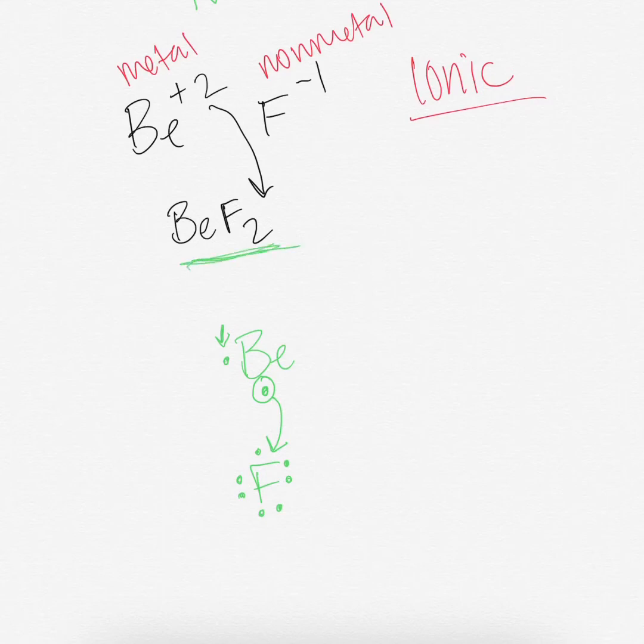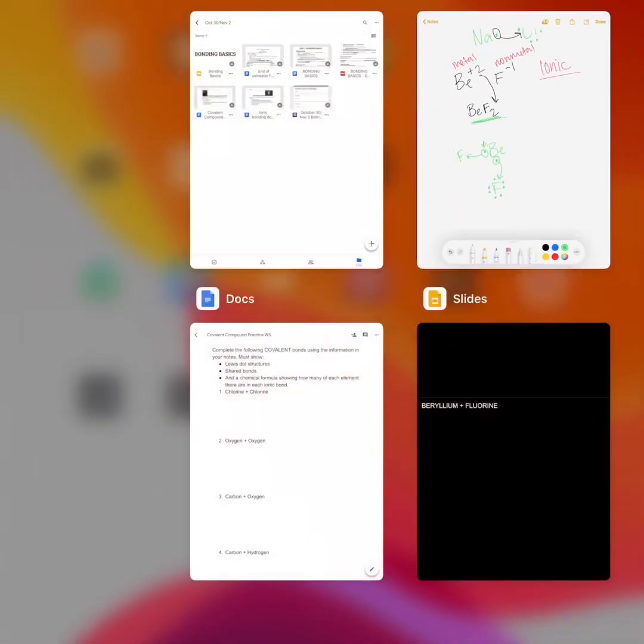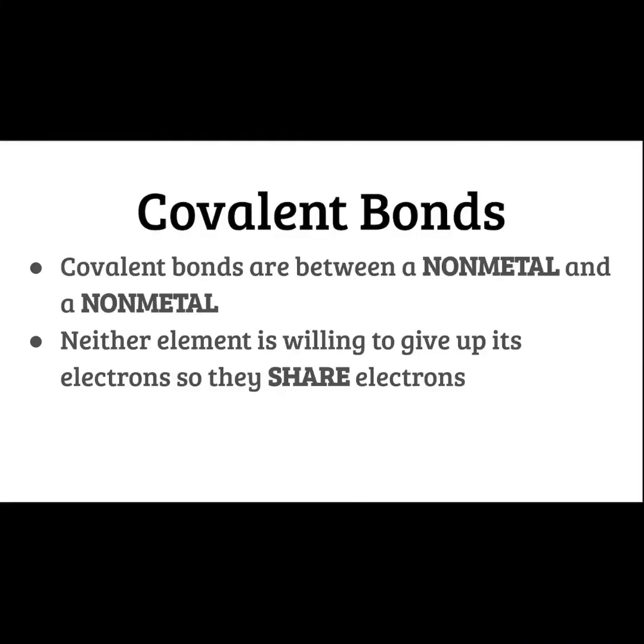However, I still have one more electron over here. If you notice back on our formula, it says that I have 2 fluorines, so I need to add my other fluorine. So I have 1, 2, 3, 4, 5, 6, 7. And again, this electron is going to go towards fluorine. So now beryllium's happy because it's stable. Fluorine's happy because it's stable.